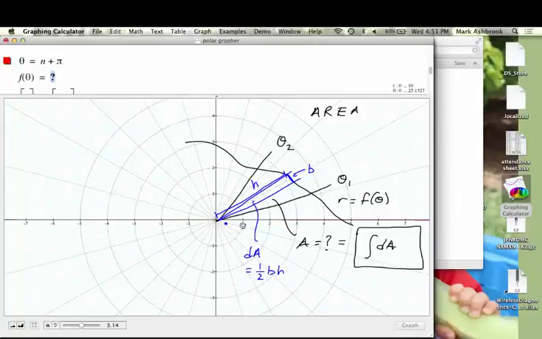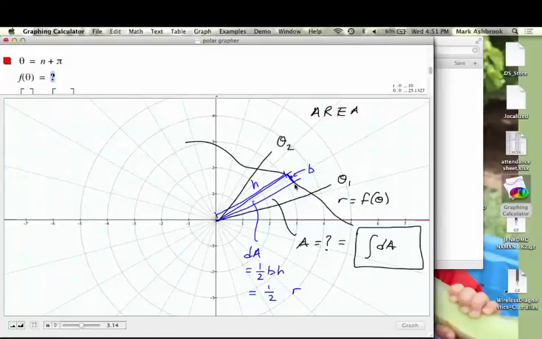Let's do the height first. What is the distance from the pole out to our function? R. And now, what is the base? d theta?